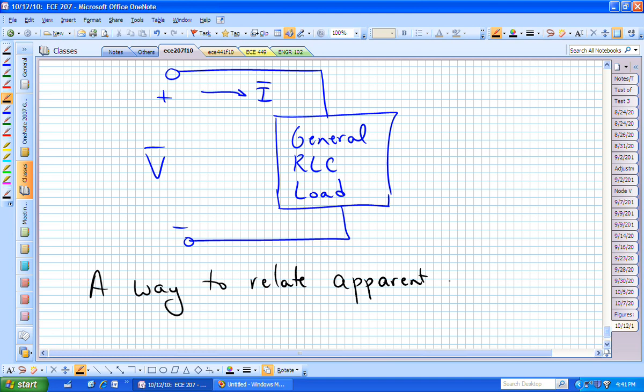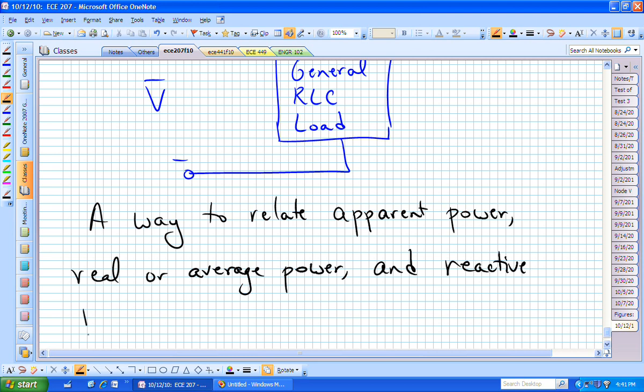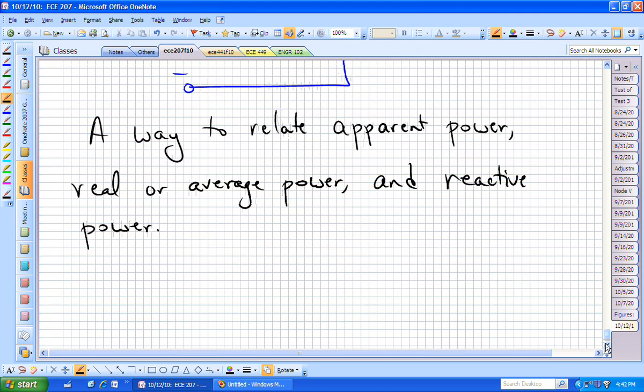We have apparent power. We have real or average power. And we have reactive power. What did we say our average power was by definition?